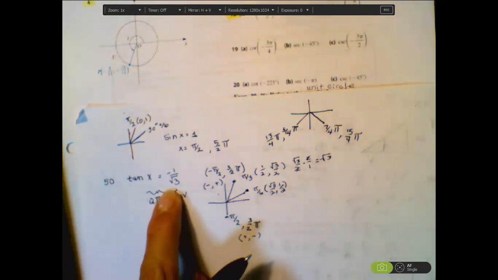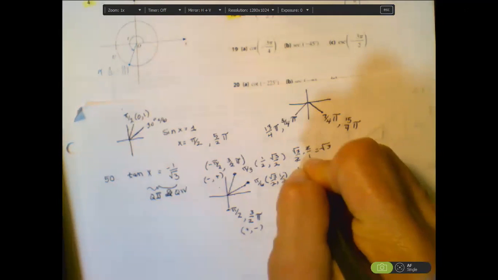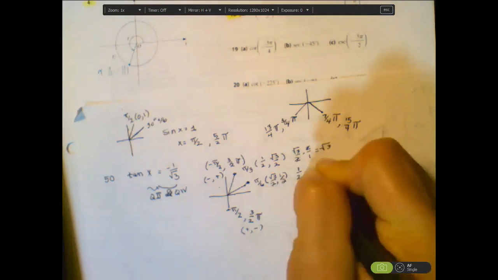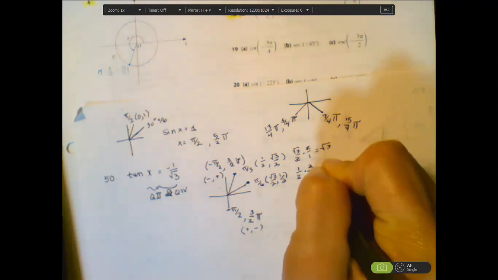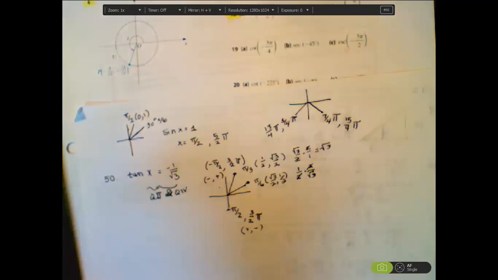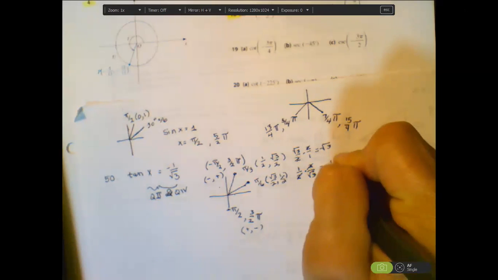Is that what we're looking for? No. What about this one? The y divided by the x, or multiplied by the reciprocal of the x. That's the one that ends up with square root of 3 in the denominator.